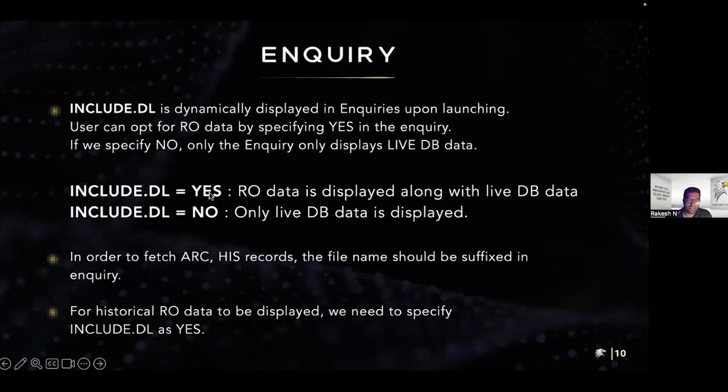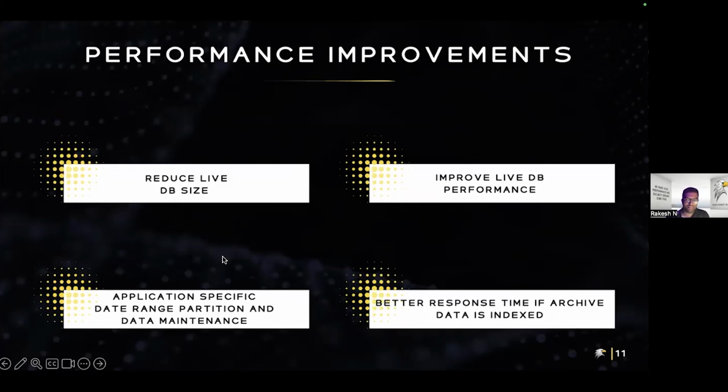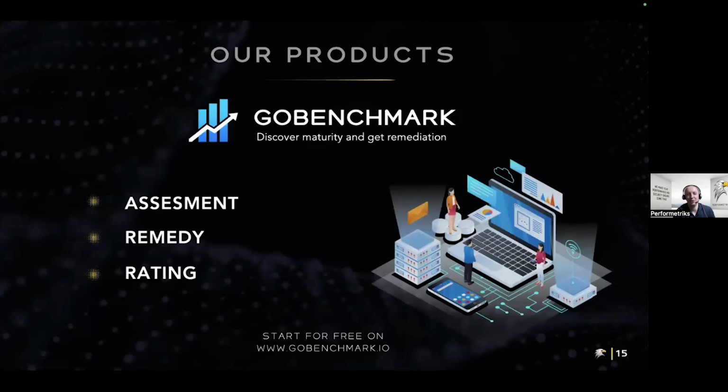Include.dl has to be set as yes, and then the application name has to be suffixed with IRC or HIS in order to fetch that particular application's records. It's a simple way. In order to fetch RO records, this has to be yes. This will also contain live records. And if you want history records, $HIS should be suffixed in the application name. That's it.